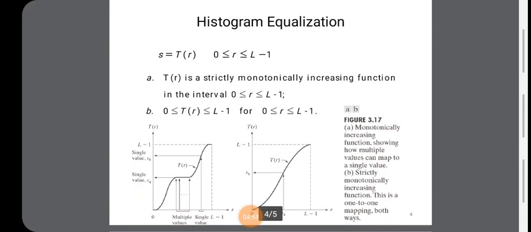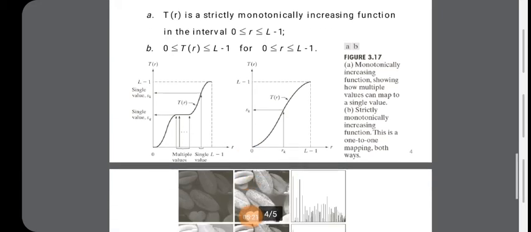This is histogram equalization, and the conditions are: it must be a strictly monotonically increasing function, not like the first graph, and it should take values between 0 and L minus 1 for R values from 0 to L minus 1.